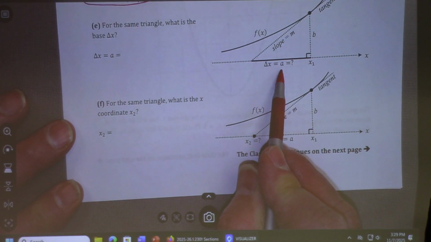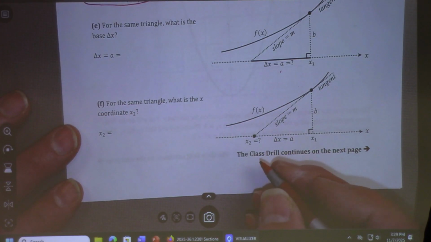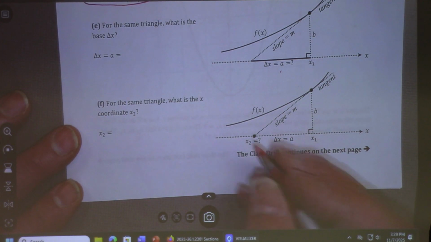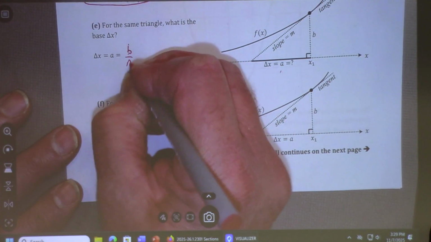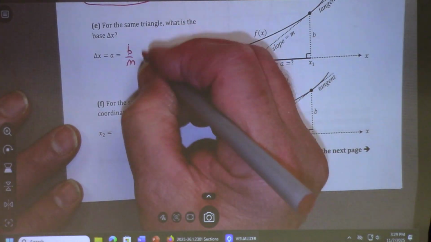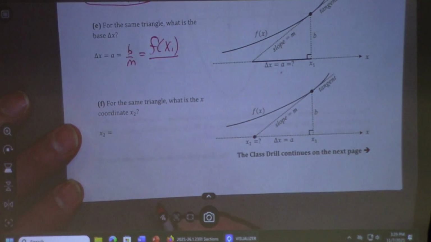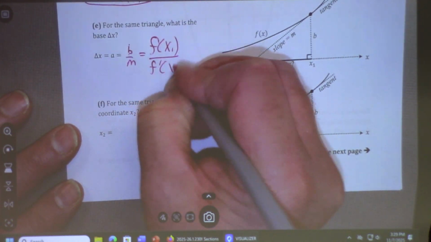Marie, I thought you were going to raise your hand. You sort of did. Jonah? Is it b over f prime of x1? What about what's b? So we already know it's b over m, but b is the height of that point. So that's f of x1, and then the slope is f prime at x1.